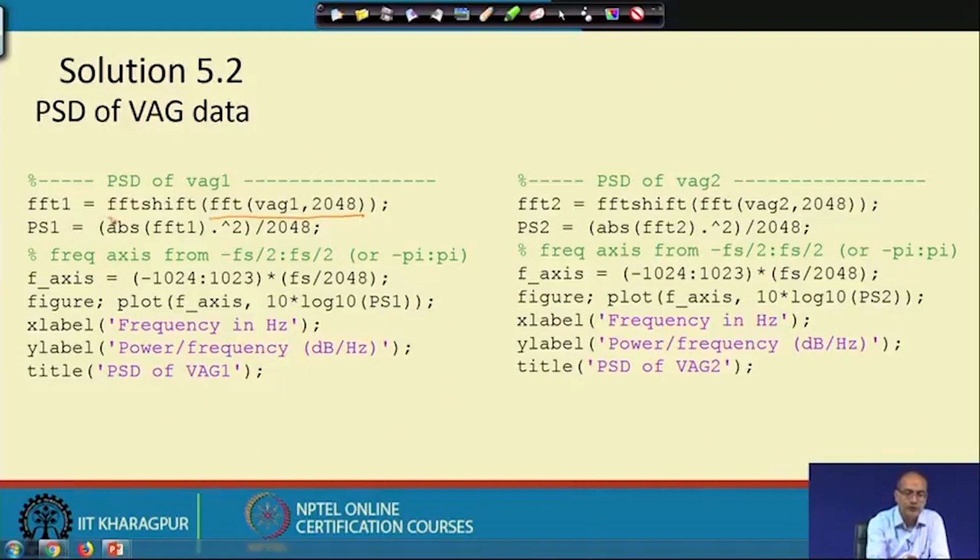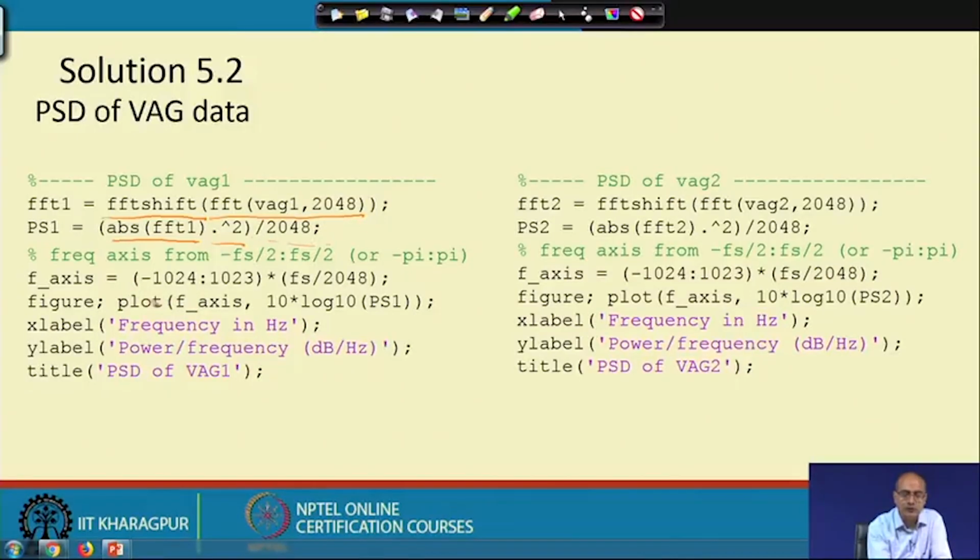We have used the command fftshift to get the signal from minus pi to plus pi, and we take the absolute value and compute the square of each of these values divided by the number of samples. Okay. And then we get the frequency axis, starting from minus Fs to plus Fs.